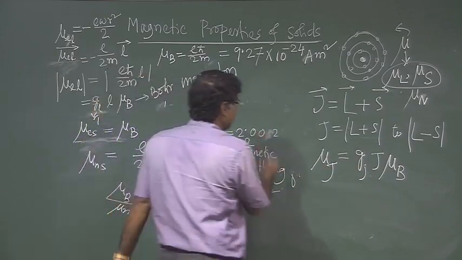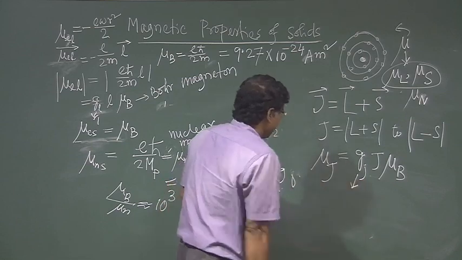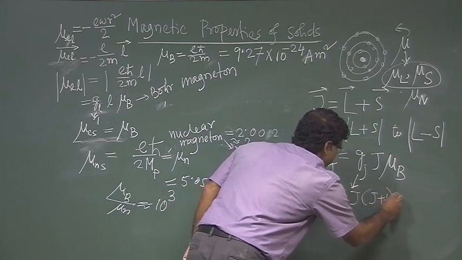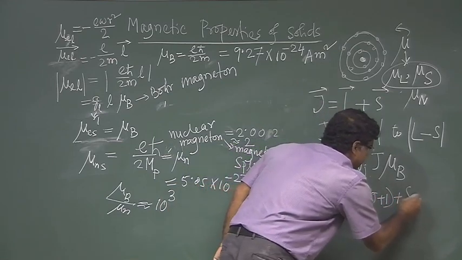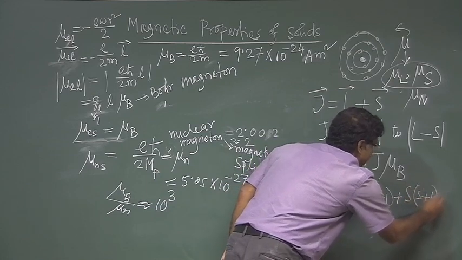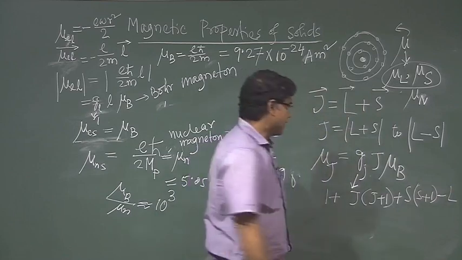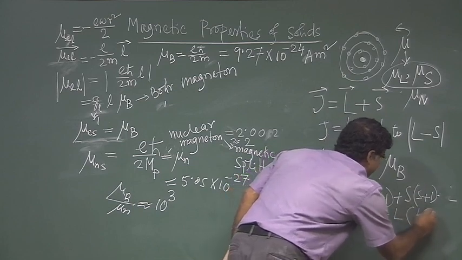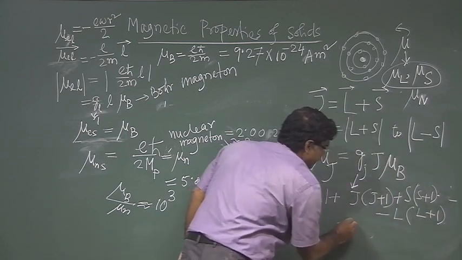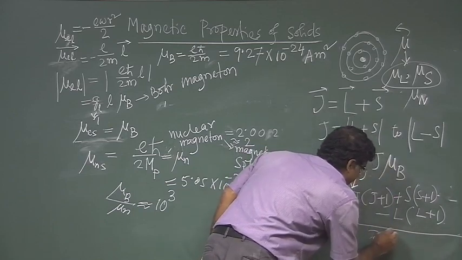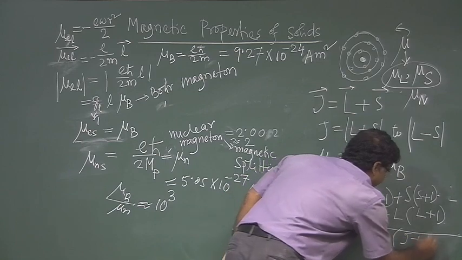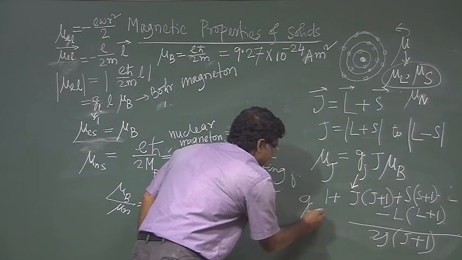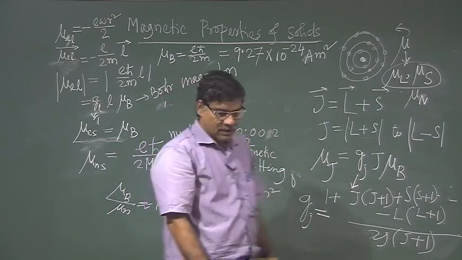The g j value is basically 1 plus j into j plus 1, plus s into s plus 1, minus L into L plus 1, divided by 2 j into j plus 1. So that is the g j value.